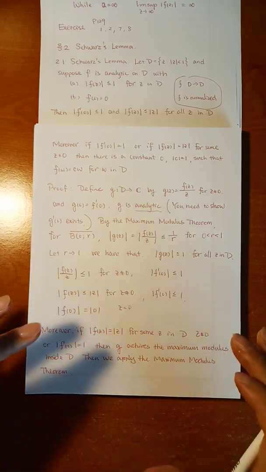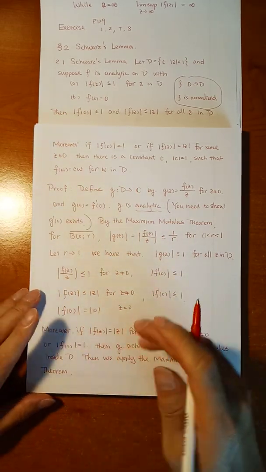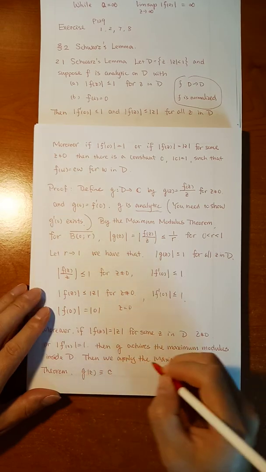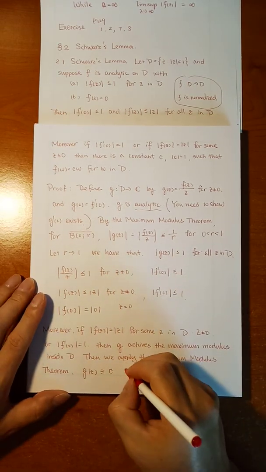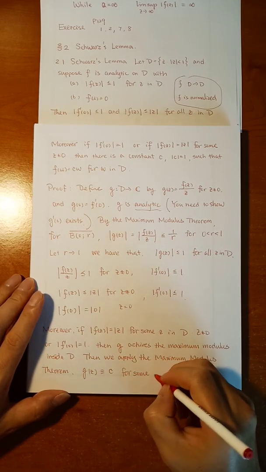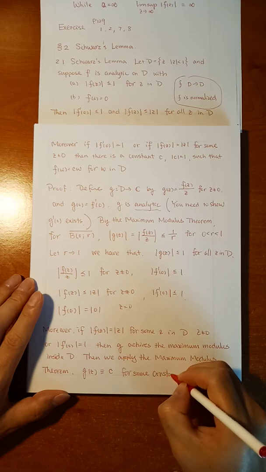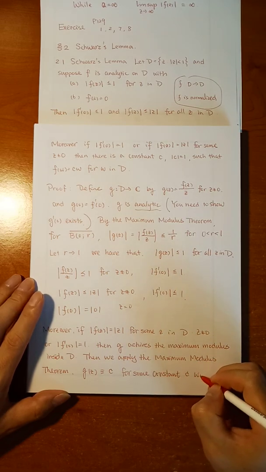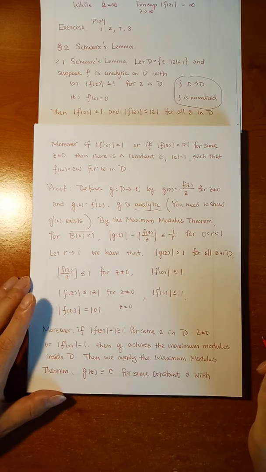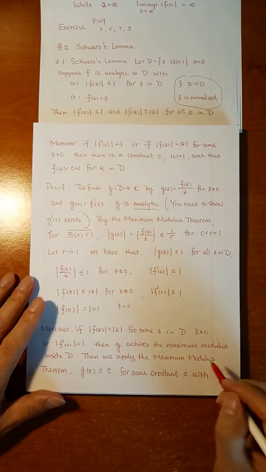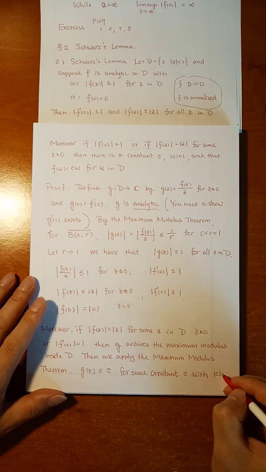If you achieve the maximum modulus inside the region, then g of z is a constant c for some constant c. This c cannot be random.